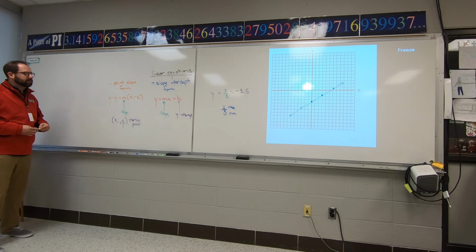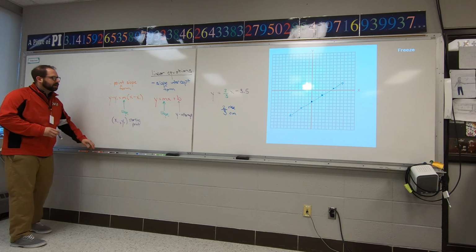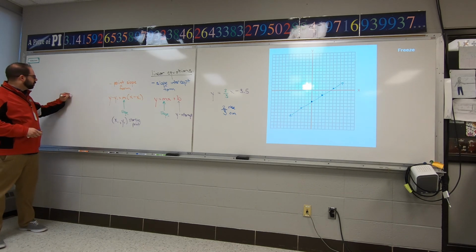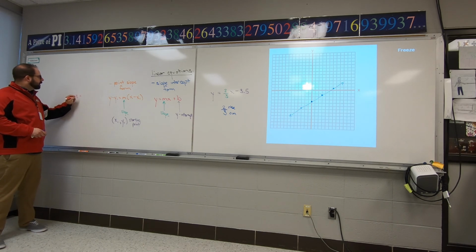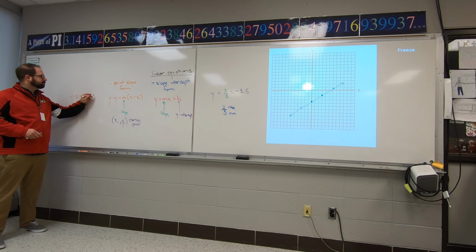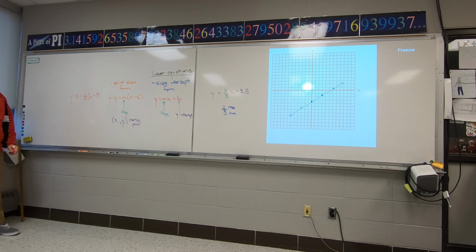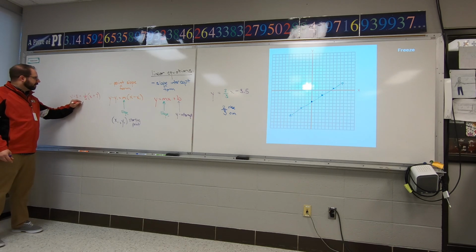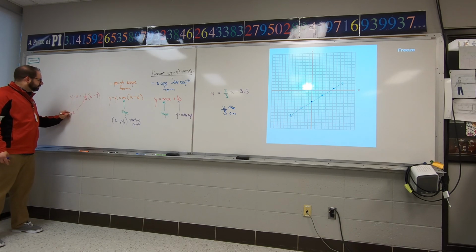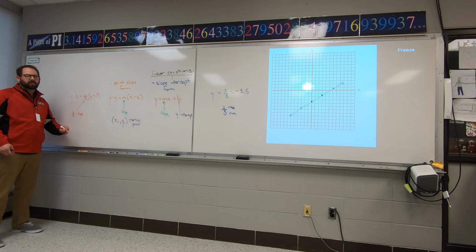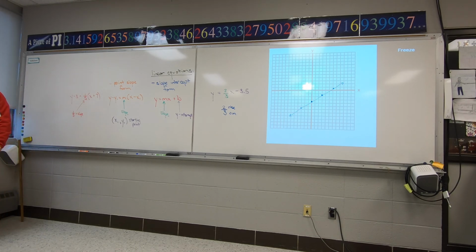So I'll give you an example here. Let's say the formula is y minus 3 equals 1/5 x plus, I don't know, let's go 7. Something like that, right? So just looking at this, my slope here is 1/5. That's my slope, so that's the rise and run, going up and over, right?